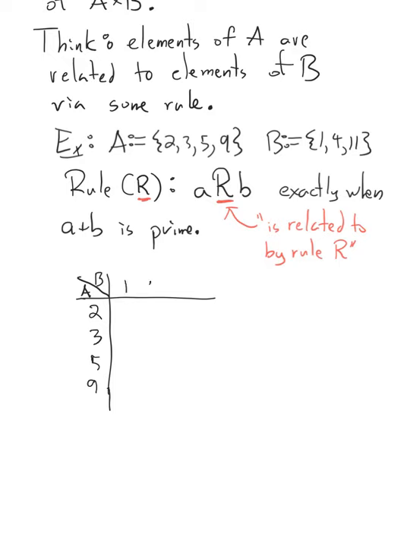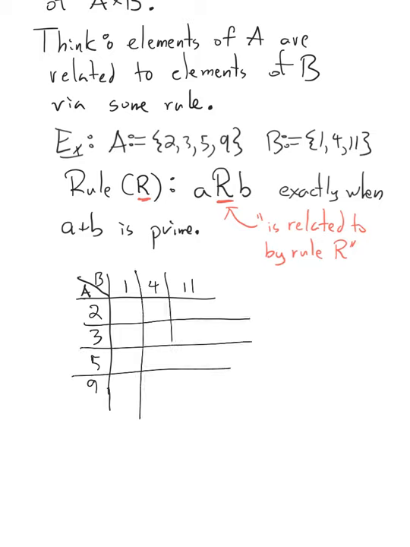B had 1, 4, and 11. So we can make a little chart here. The first pair is 2, 1. Well, 2 plus 1 is 3. Is 3 prime? It sure is. So this is indeed in our relation.